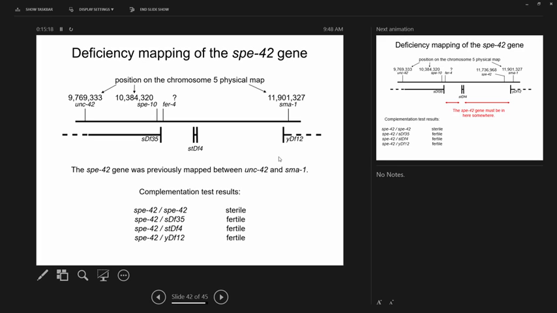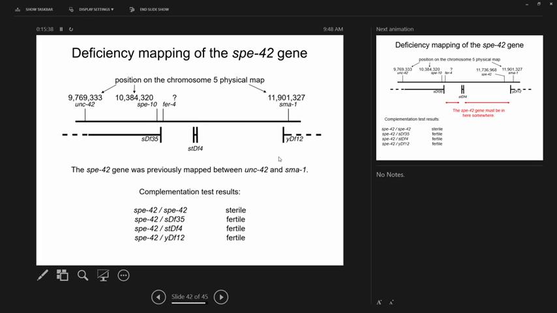So I knew it was somewhere in this area on the physical map, but there's 2 million bases in there. So I found a bunch of available deletions, and 3 of them actually impinged on this area. Let's look at this one first.